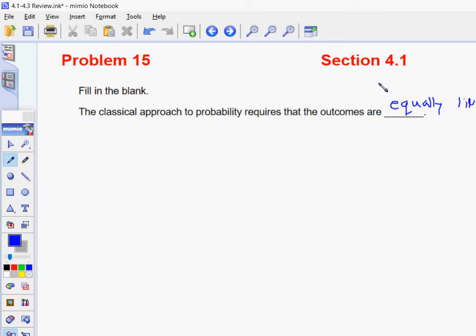When I throw a die, it is equally likely that I roll a 1, a 2, a 3, a 4, a 5, or a 6. When I flip a coin, it is equally likely that there's a heads or a tails. When I have those 3 children, any one of those 8 simple events is all equally likely.